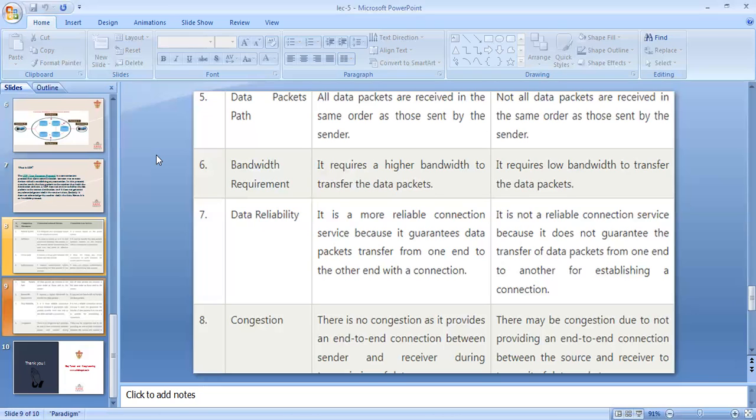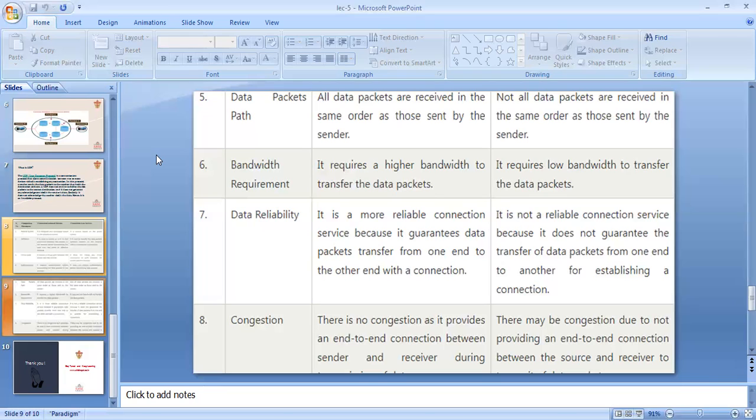There is no congestion in connection-oriented services as they provide a proper mechanism to transfer the data from sender to receiver. But in case of connectionless services, there is a problem of congestion because a sender sends all the data to the receiver, and because no acknowledgement is received, there is a problem of congestion.